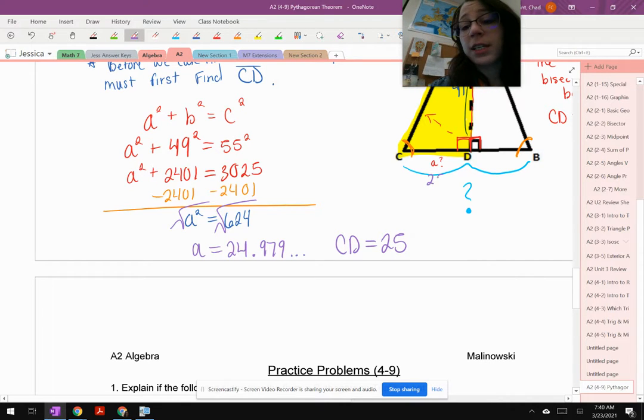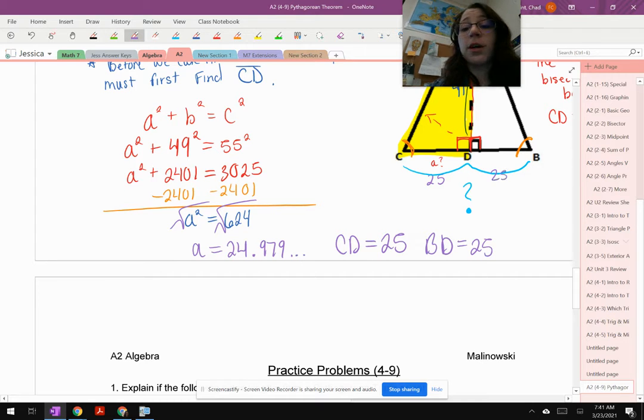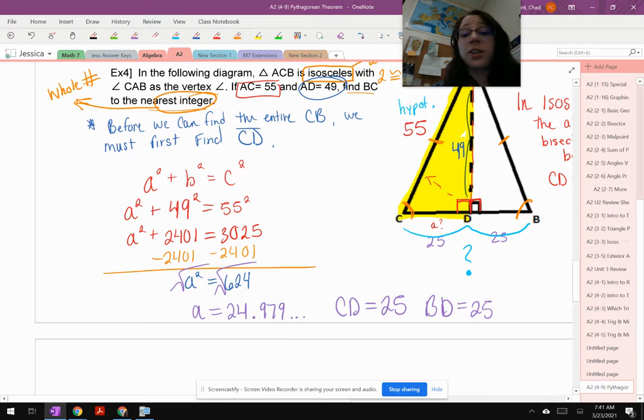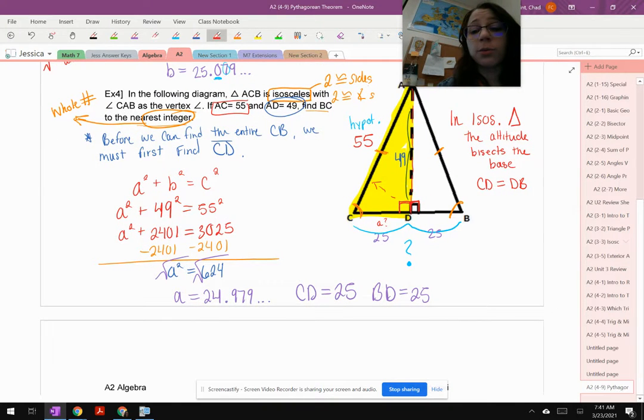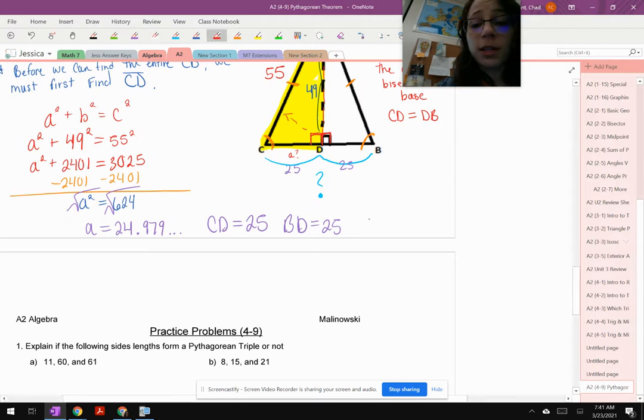Which means if CD is 25, I know that BD is also 25 because we know that those are equal. Which means that the entire length of CB or BC would be equal to 50.